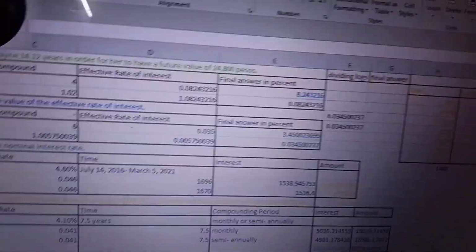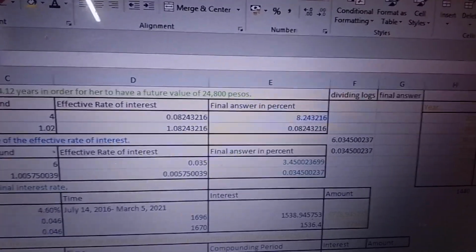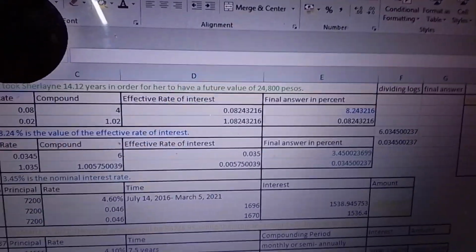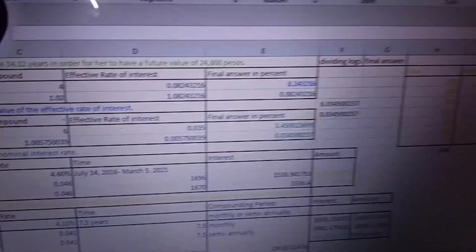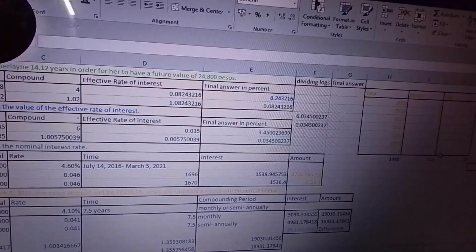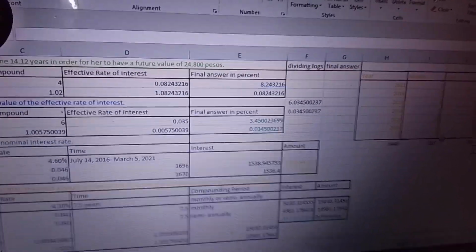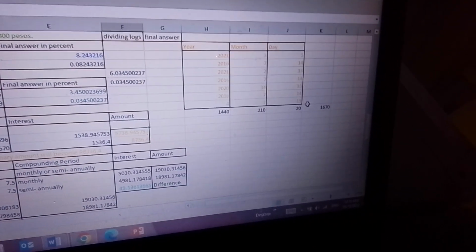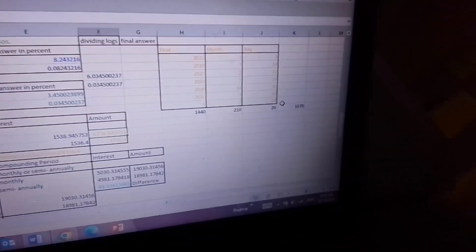And now, we can solve for the future amount. To solve for the future amount, the formula is really easy. All you have to do is this formula: principal times the rate, divided by rate, plus 1, raised to the time. Because it says compounding monthly, let's start with this one first.